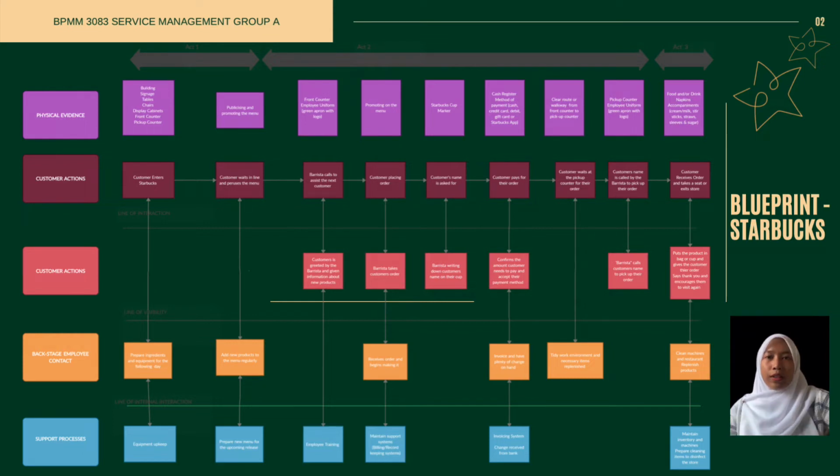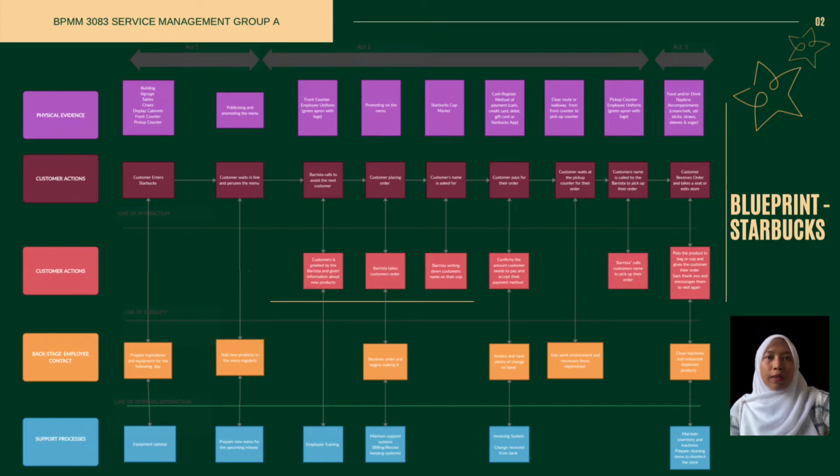On Table 1, we have physical evidence, customer actions, face-to-face employee contacts, and support processes. For the physical evidence, we have buildings, tables, chairs, segment cabinet, front counter, pickup counters, and next, publishing and promoting the menu. Front counter employee uniform that is a green apron with logo.